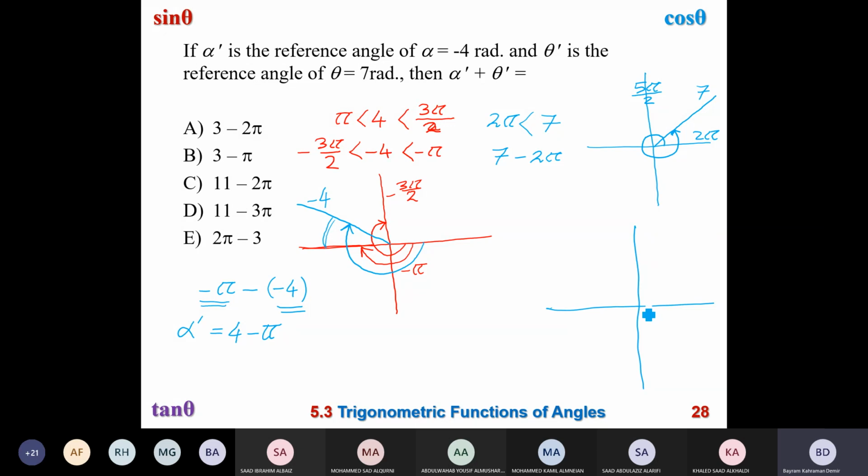So the 8 is going to be, you see the 1 rotation, and it's going to stop here. Because this is 2 pi here, and this is 3 pi. But 8 is definitely less than 3 pi, and this is 5 pi over 2.